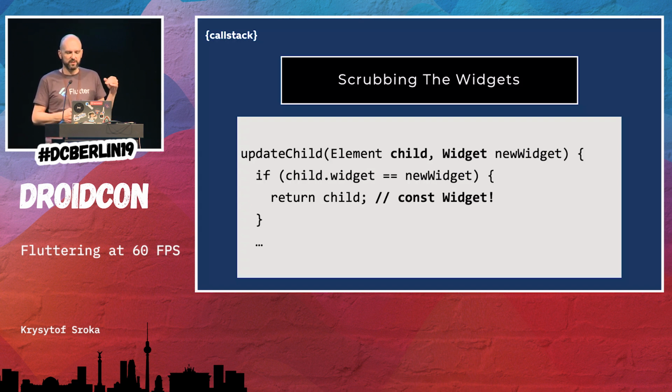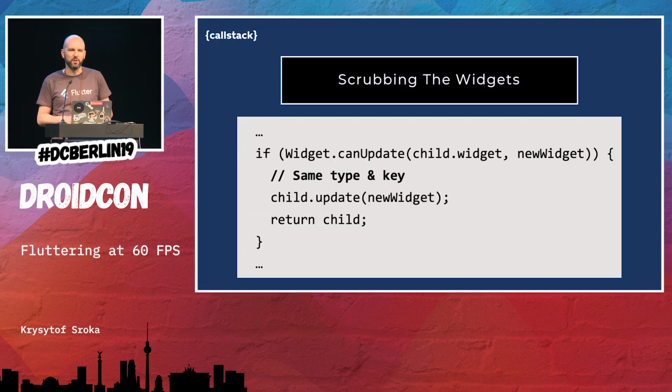And if that's the same widget, which happens when it's a const widget, a compile-time constant widget, and the configuration can never change, it will not touch it, and the update will finish here, not touching any of the children of that element. That's the most optimal case. However, const widgets are not that frequent in our applications, and when they appear, it's usually close to the bottom of a tree.